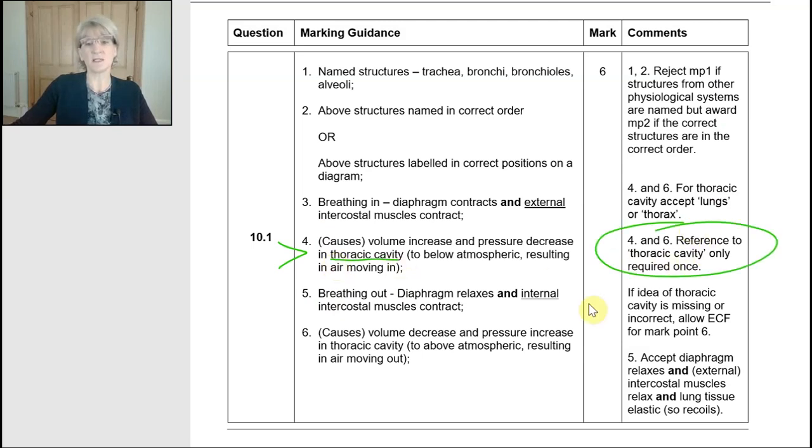Look, they particularly want you to use that term. And again here, I didn't talk about the internal intercostal muscles contracting. I simply talked about the external ones relaxing. So lost these 2 marks. This was frustrating, and therefore I'm definitely making a note of that.